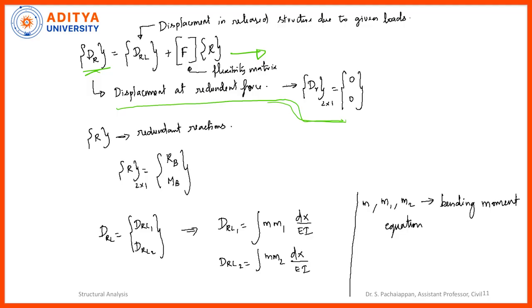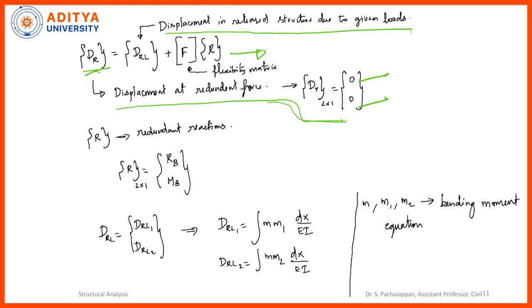At support B, one vertical reaction and moment are acting, which we consider as redundant forces. Now, at support B, are there any support settlements? Since there is no support settlement, the displacement at redundant forces is 0. That's what is written here. And then DRL represents displacement in the released structure due to the given load.